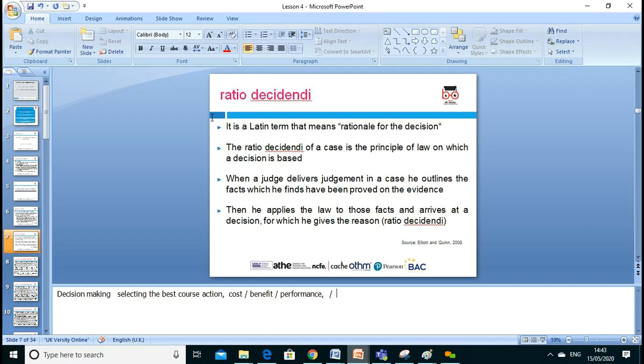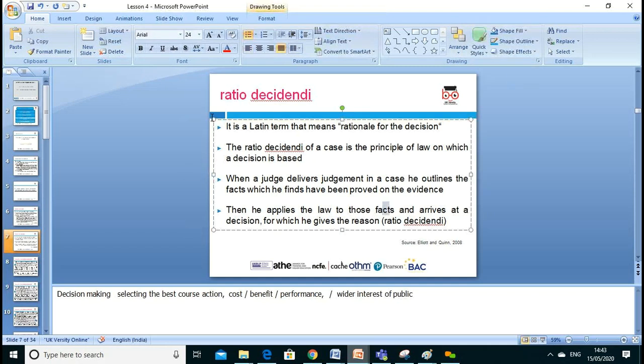And here in law, we look at the wider interest of the public. That's the key thing. And we can change things. But it is a rational decision based on the facts, rational with the reality, the facts which have been proved by evidence. The judge applies the law to those facts and arrives at the decision, which gives the reasons, the ratio. Anybody any question?